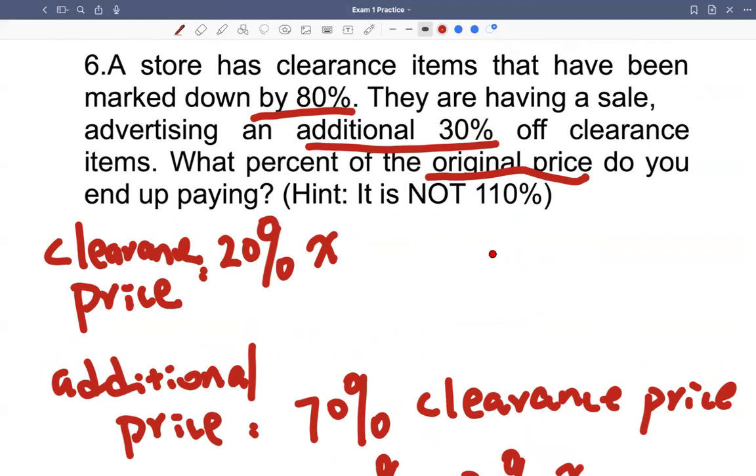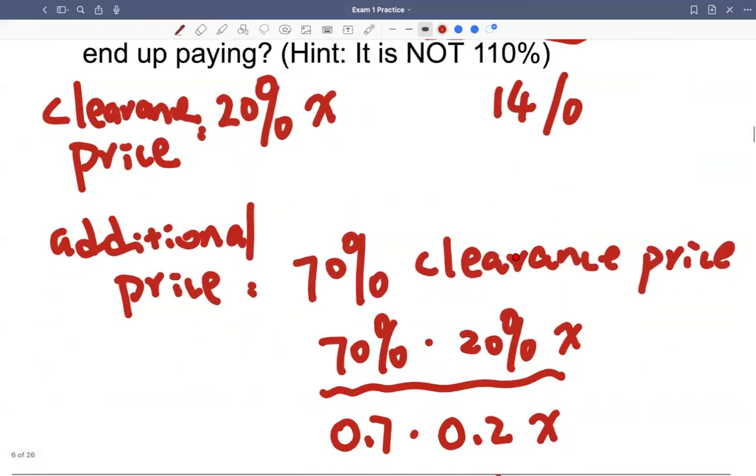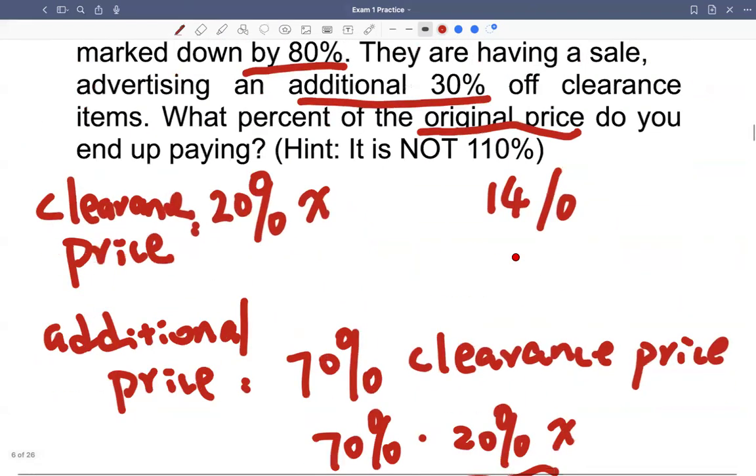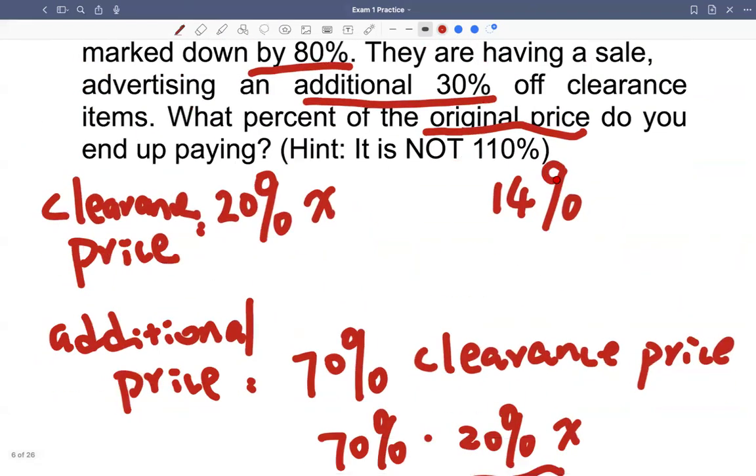So that means in total, we only have to pay 14% of the original price.